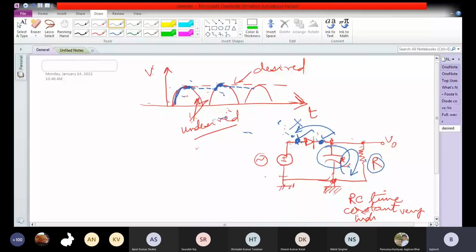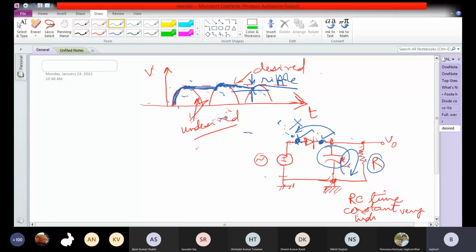So the output voltage is this one, this one, this one, like that. So this voltage is called ripple.